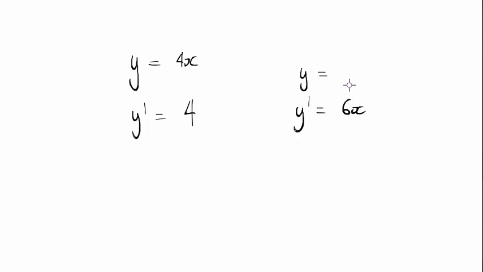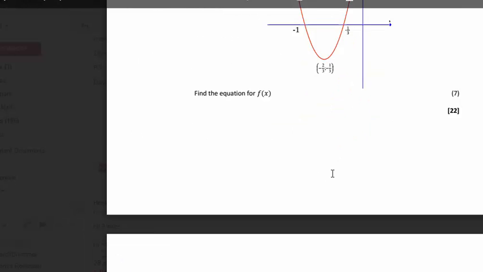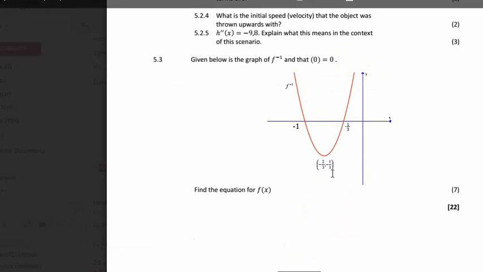It's 3x squared, excellent. You get the idea. So if I have the derivative, I must try and think backwards to get the original, the antiderivative. And it's very likely that they will ask questions like that. That was my own question I thought up, but it's not unlikely that they can ask questions like that. Okay.